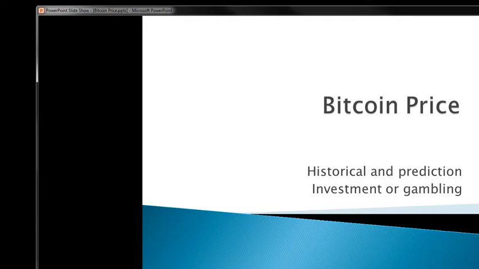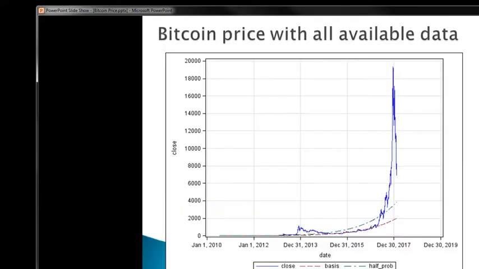All the data we know are historical data, the chart provided by some online resources. So we have briefly looked at this graph, and we can see the Bitcoin increase from 0.5 cents to roughly 20,000.